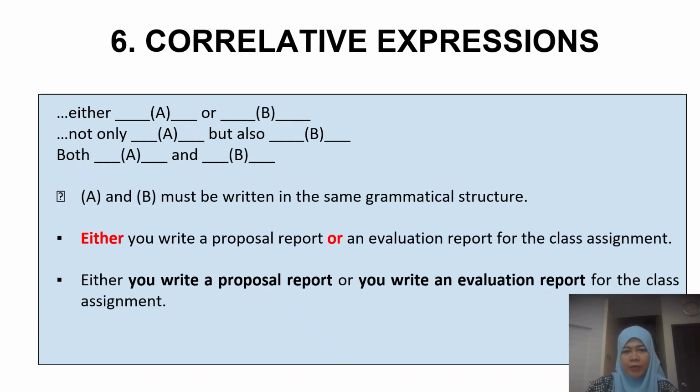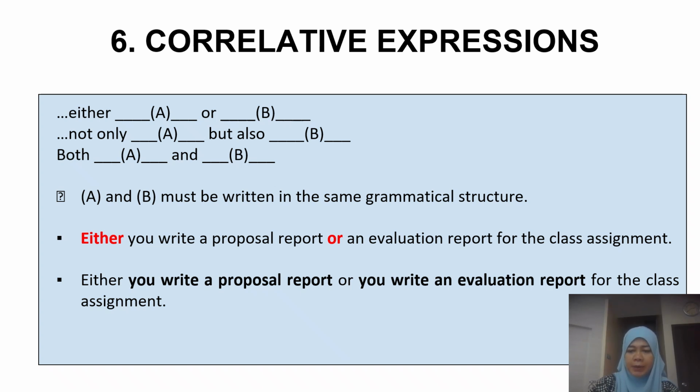So when you have correlative expression like this, you have phrases in between, like either A or B. Not only A, but also B. Both A and B. So A and B is actually phrases, okay? Especially the correlative expression, the expression, okay? So what you need to do is to have these two in the same grammatical structure.